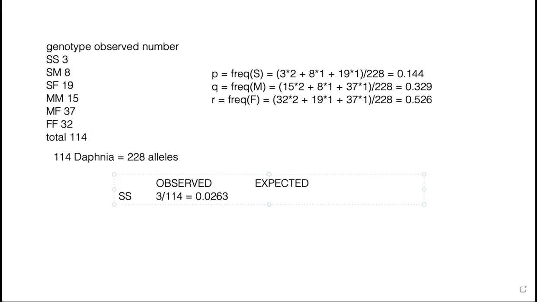What's our expected if the population's in Hardy-Weinberg? Well, it's p squared, which is 0.144 times 0.144, which is equal to 0.0207. Okay, SM, our observed frequency is 8 over 114, which is equal to 0.0702.